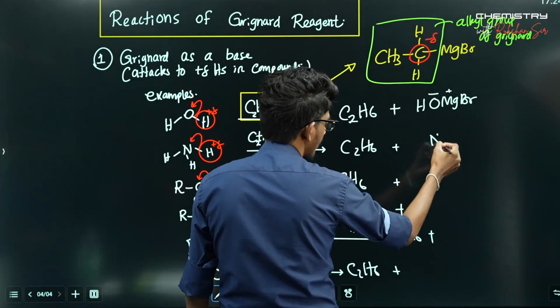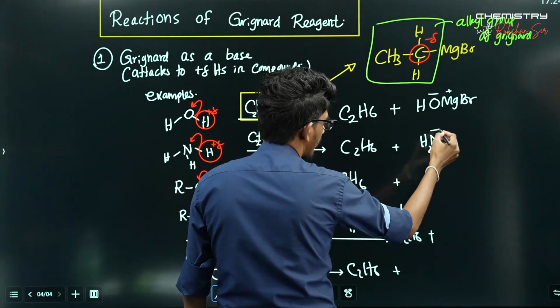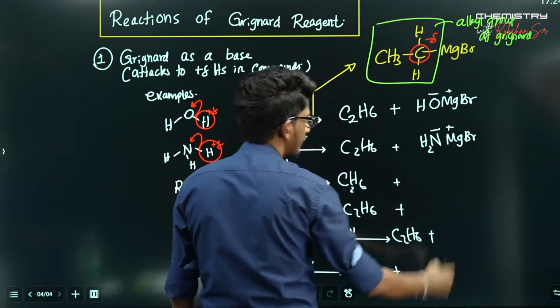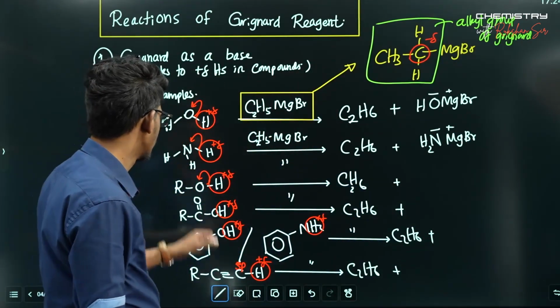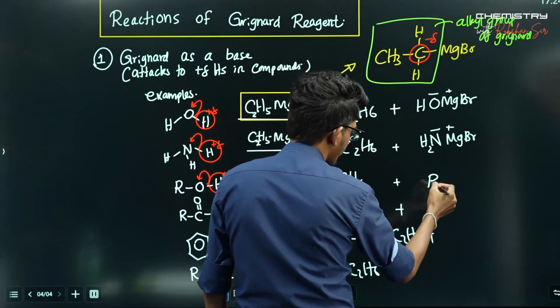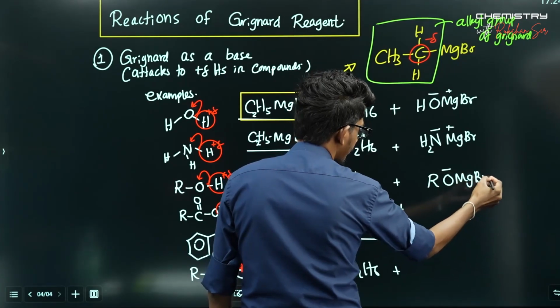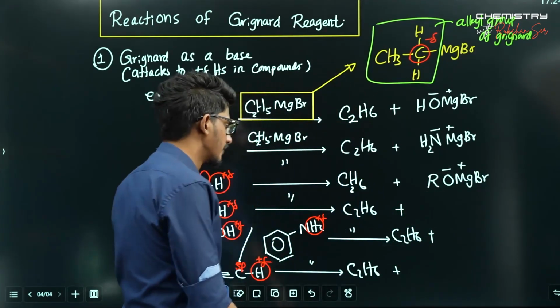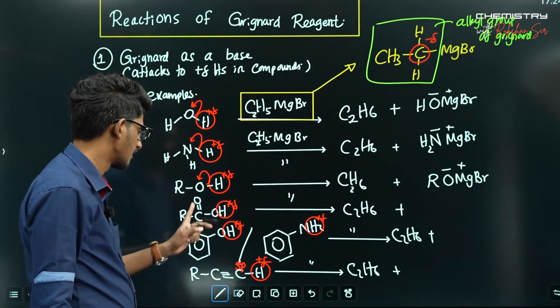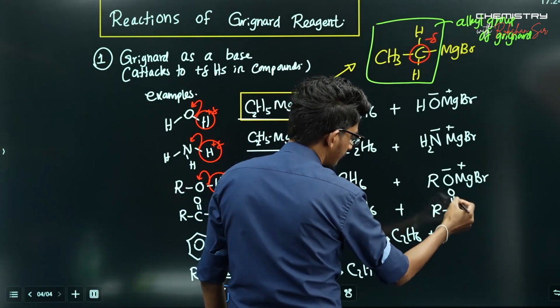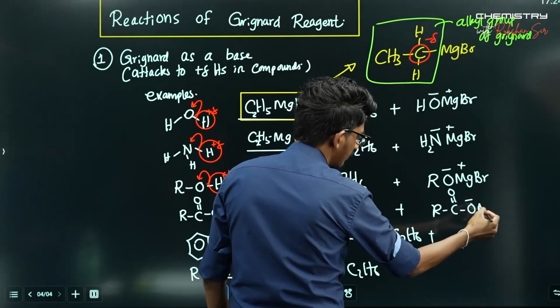In this case, this is NH2 minus MgBr plus. This one, RO minus MgBr plus. In this case, RCOO minus MgBr plus.